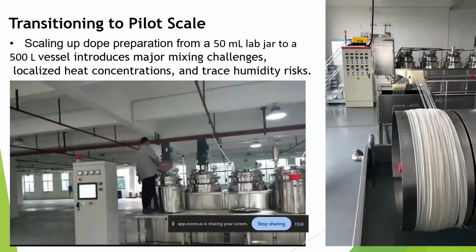when put into practice. So this pilot scale is actually a bridge between the lab scale as well as the industrial scale, where we are not really using the 50 ml lab jar, and that jerking from a 50 ml lab jar to a 500-liter vessel can be reduced using the pilot scale.